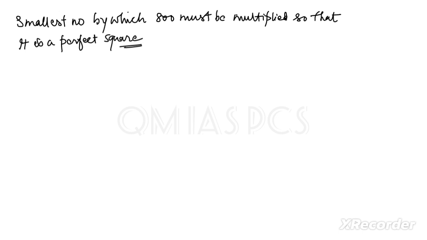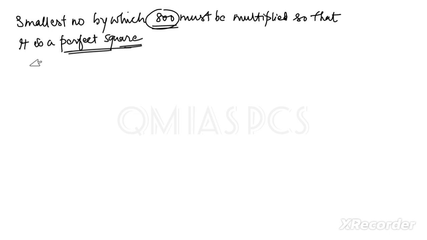Whatever method we are following, just note it down. It will be important for you. The question is: the smallest number by which 800 must be multiplied so that it is a perfect square. By what number will this number be multiplied to make it a perfect square? The smallest number it should be.